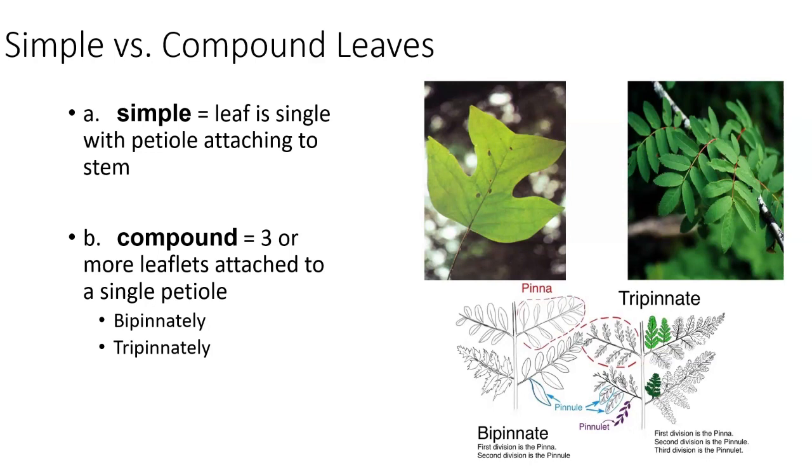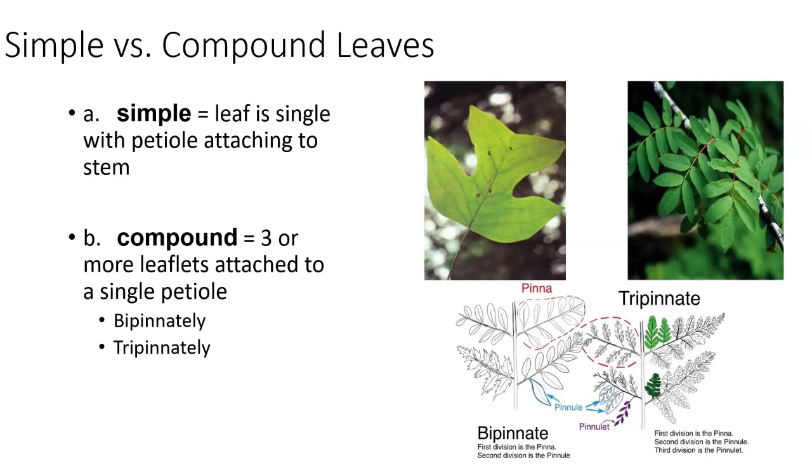Not only do we have leaves that are compound, but they can be bipinnately compound or even tripinnately compound. Probably some of the best examples of bi and tripinnately compound plants: if you know the plant Nandina, it's a big invasive for us here in Alabama, and it is often classified as bipinnately compound.